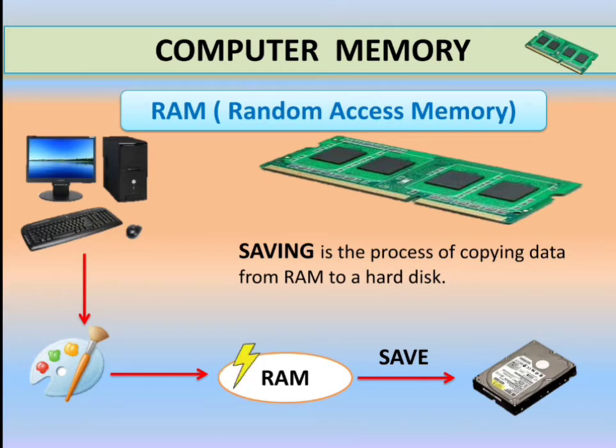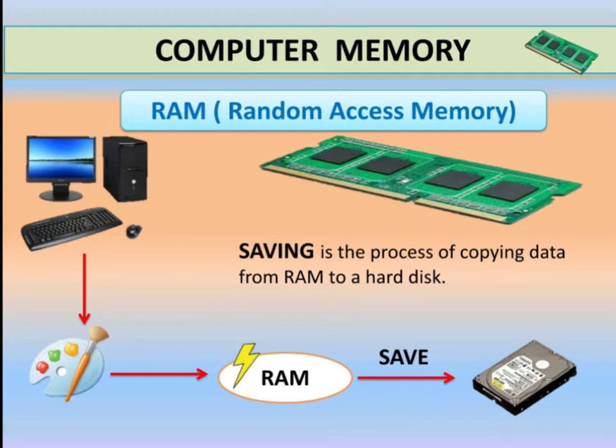So to keep that work, you have to keep on saving whatever you are doing on your computer. Once you save the work, a copy of that same data goes from RAM to your hard disk, and it will stay there forever unless you delete it yourself.